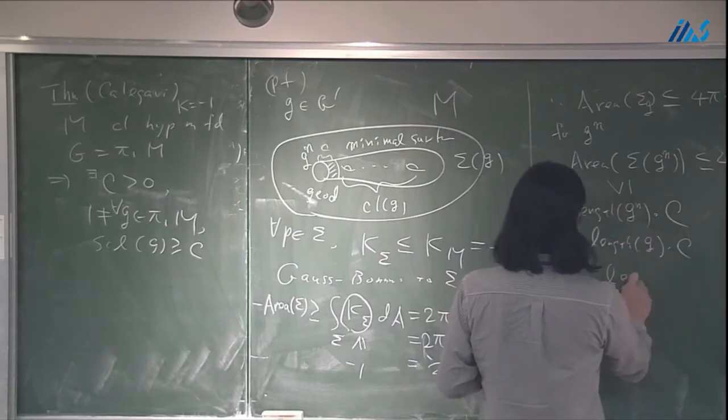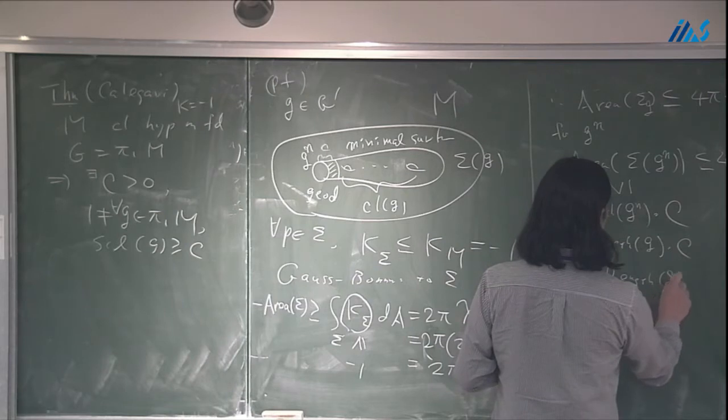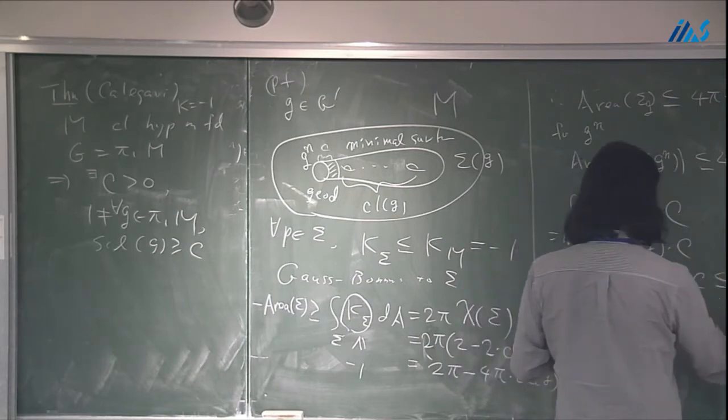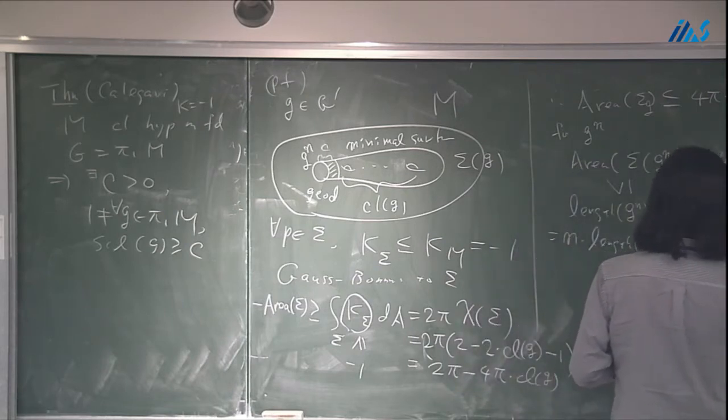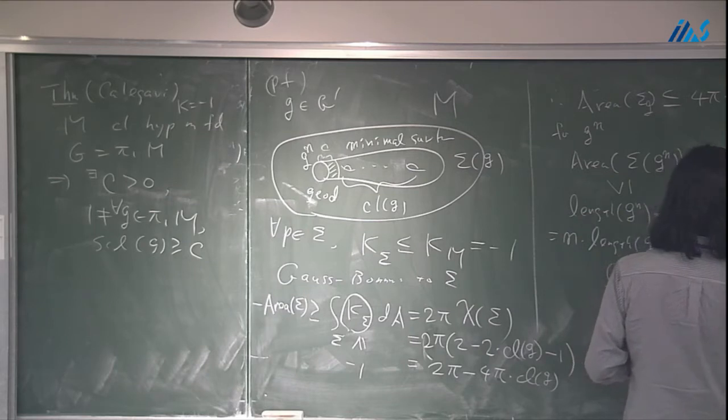So the length of G times C is at most 4 pi commutator length of G to the n minus 2 pi, divided by n.